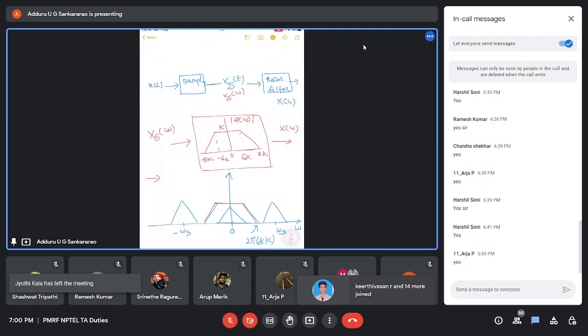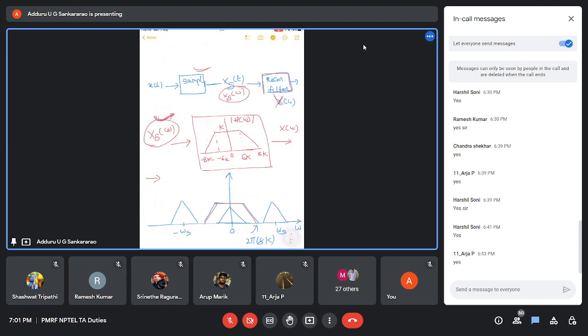The sampled version of the signal passes through the reconstruction filter, and we get the reconstructed version. So x del of omega is the frequency domain representation of the sampled signal. This is passed through the reconstruction filter, h of omega.